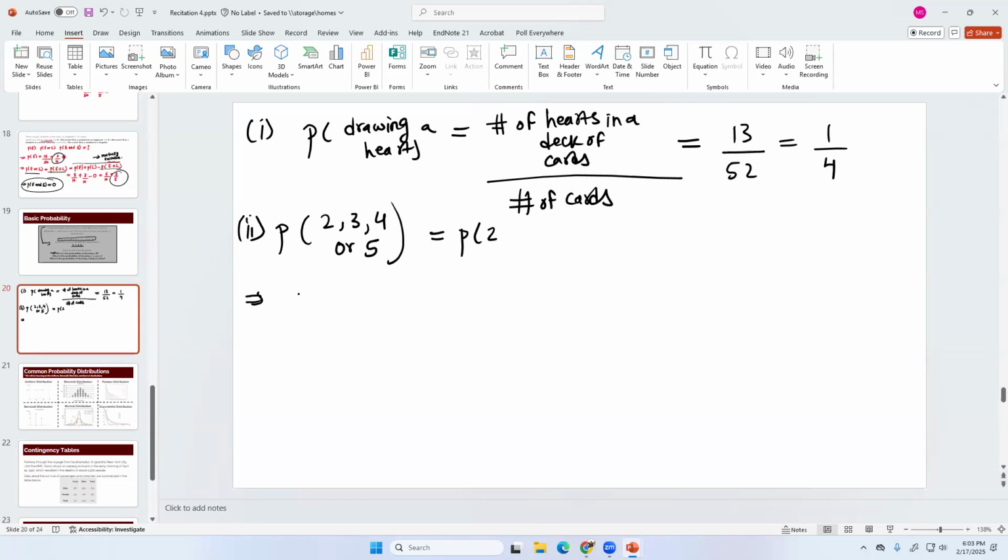So not and, or. So probability of 2 or 3 or 4 or 5. And how do you represent this in terms of events? What is or replaced by? Union, right? 5.